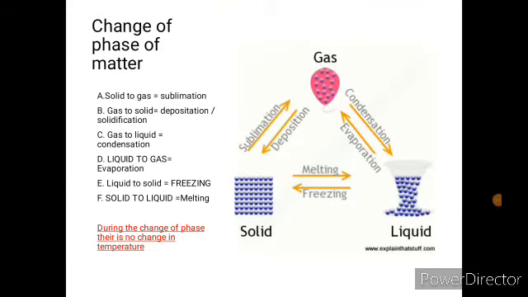Now we will discuss our next topic, that is the change of phase of matter. Since we have already understood that matter exists in three states, solid, liquid and gas, this state can be interchanged from one form to another form.